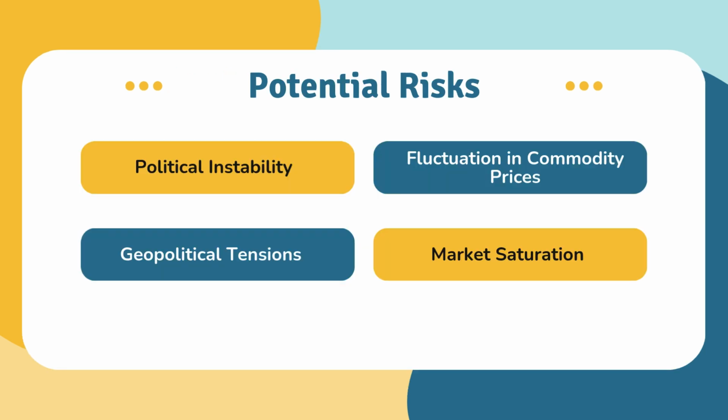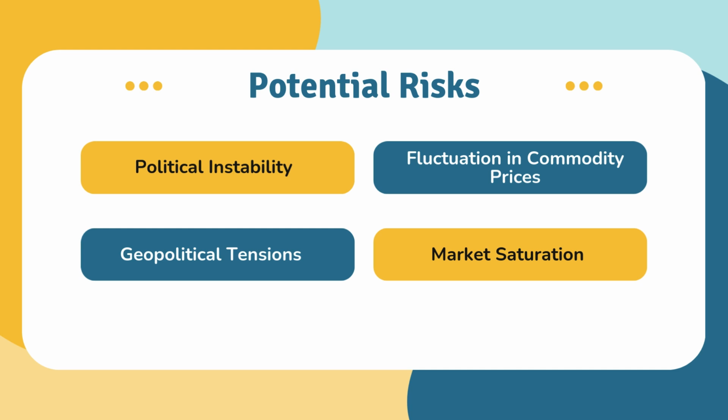So, what are the potential risks that come out in this portfolio? So, first is political instability surrounding Burkina Faso with their coups that are overthrowing their government, as well as Peru, and fluctuation in commodity prices from the mining sector, which relies heavily on prices of gold, silver, and copper.